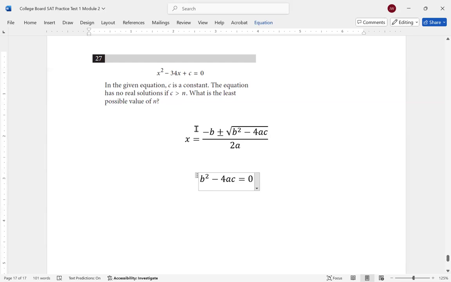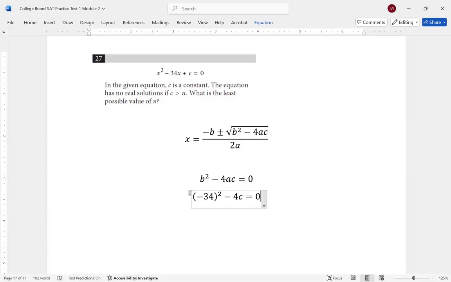In our case, the value of b is -34. So we'd take -34 quantity squared minus 4 times a, which is the coefficient of x squared, that's 1, times c, and set that equal to 0.